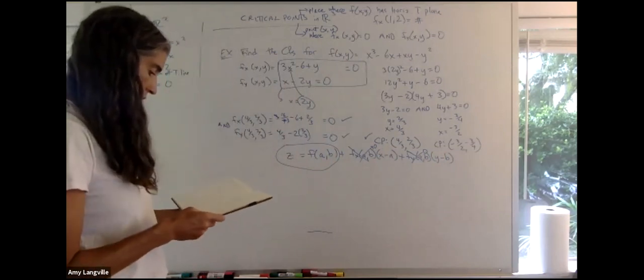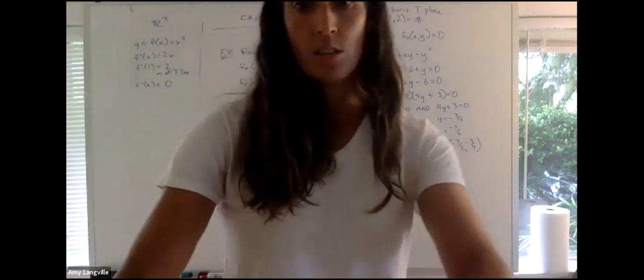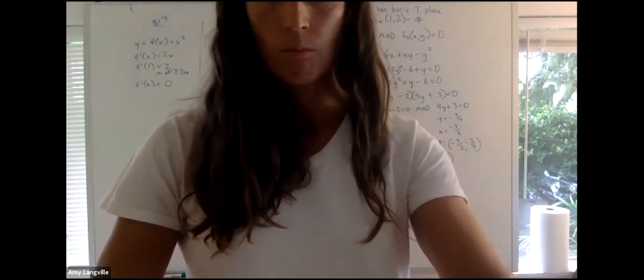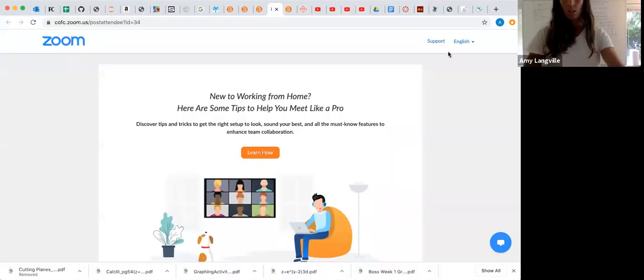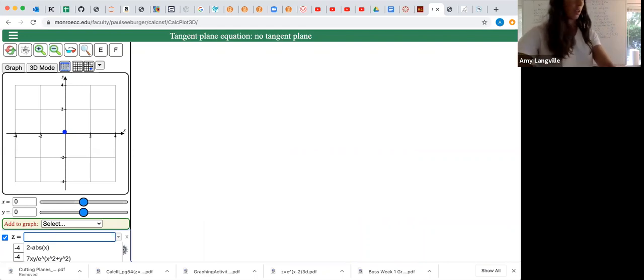Oh yeah, one more thing I want to show you. We showed you how to visualize the tangent plane in CalcPlot3D, but let me show you one other tech tool. Okay, so CalcPlot3D, might as well go ahead and do that while we're here.